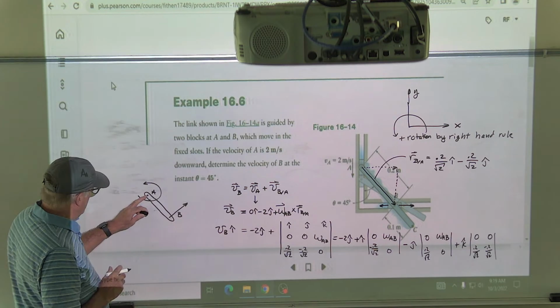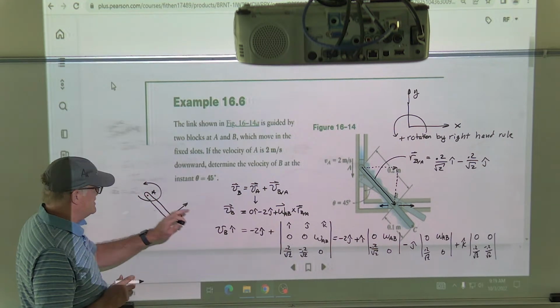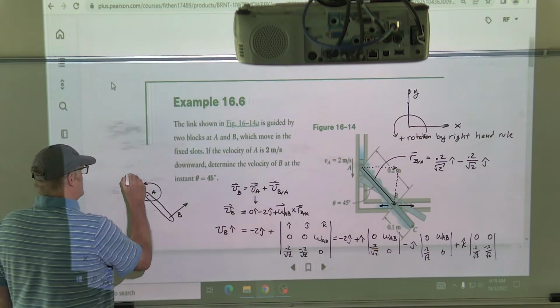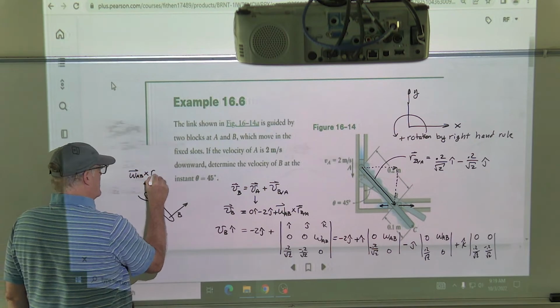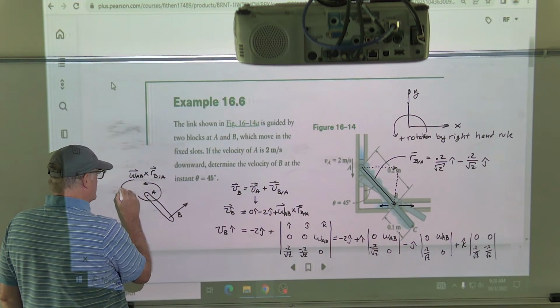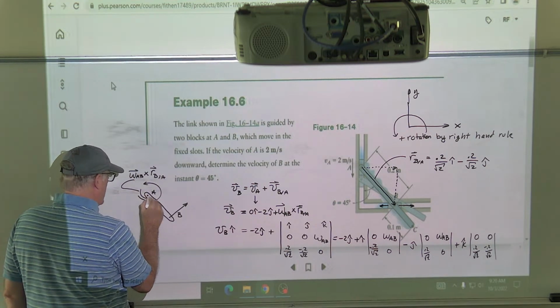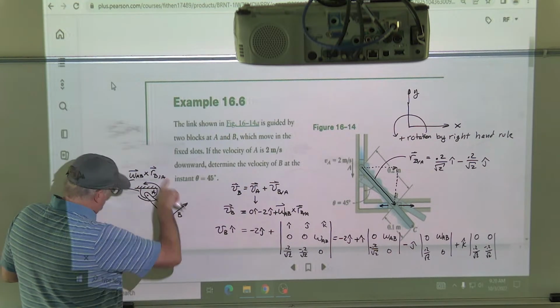If you were on A, and if this was rotating this way, what omega AB cross R B to A means is you are sitting here, pinning yourself to the ground when you're rotating that way.